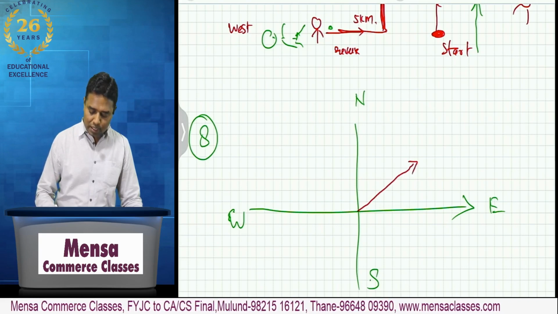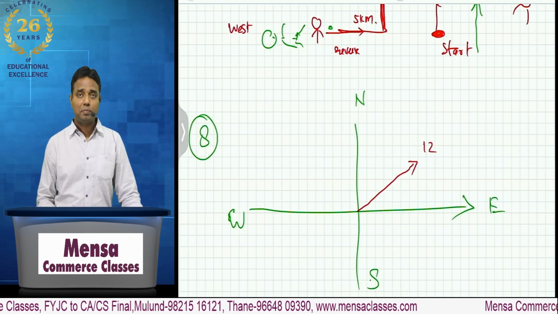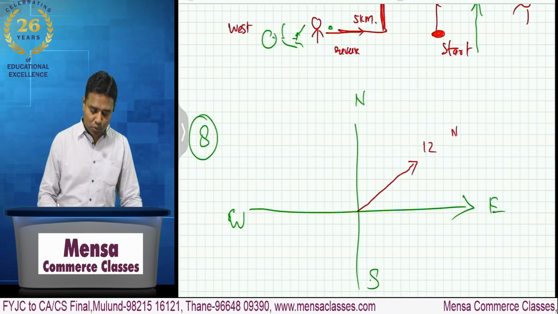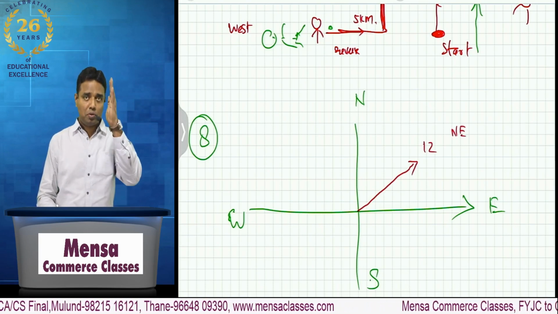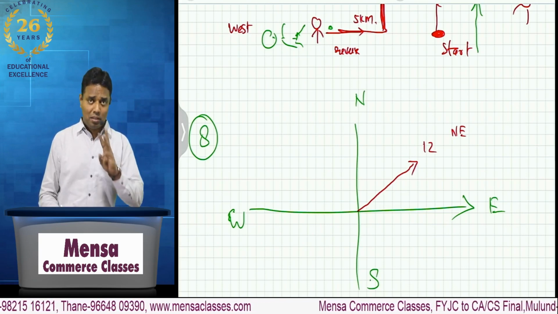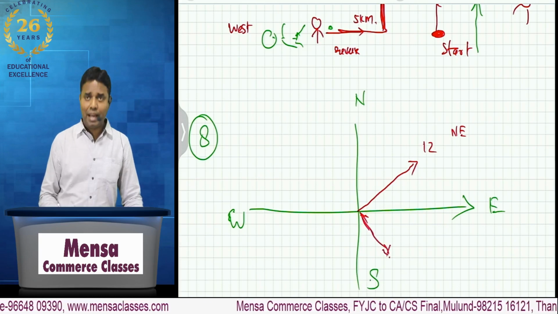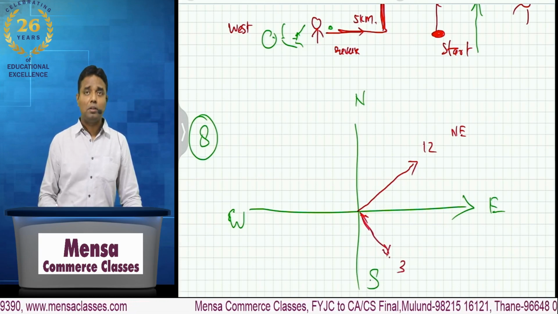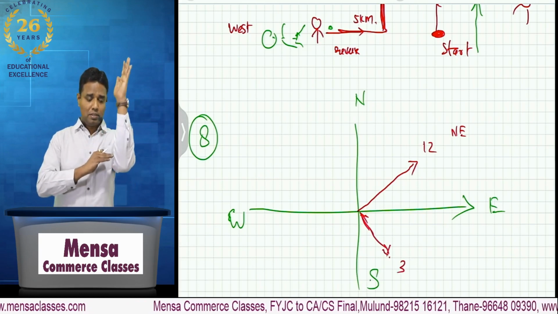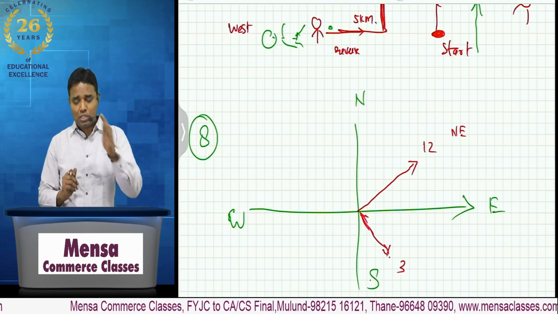So suppose I say this is my minute hand, it will be at 12. Correct? That is northeast direction, 12. It is 3 o'clock, no? So the bigger hand, the longer hand is 12, and the shorter hand will be 3 o'clock. So exactly 90 degrees, 3 o'clock. So the clock will be like this. Correct? 12, 3.